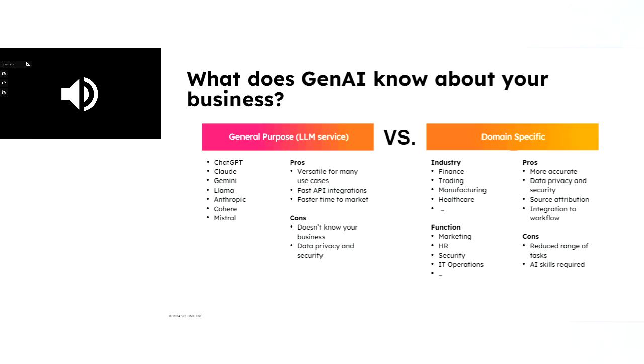It's usually trained on your own data so that it understands your business. And then you can have that uniqueness of the model and build it into a competitive advantage. With a domain-specific model, you can also control your data privacy and security policies a little bit more and build that into your business solutions and workflow.